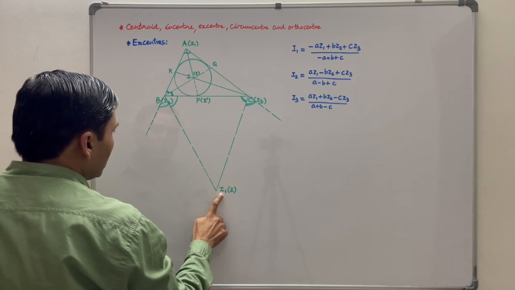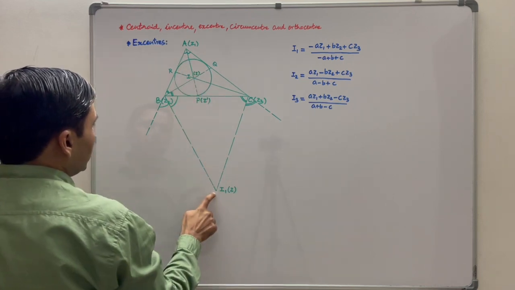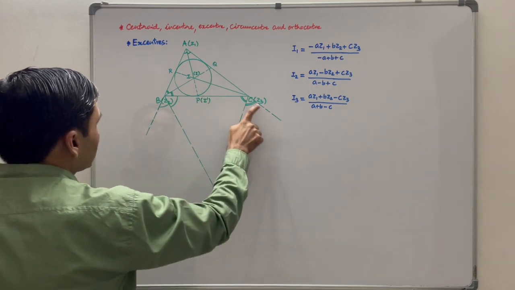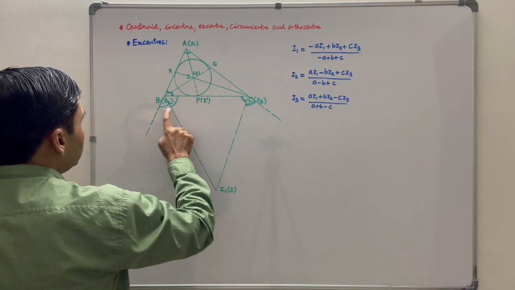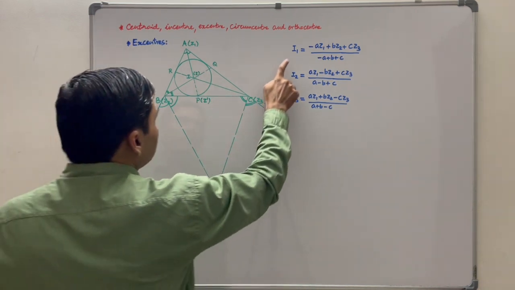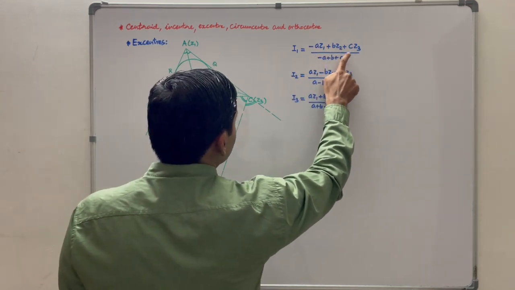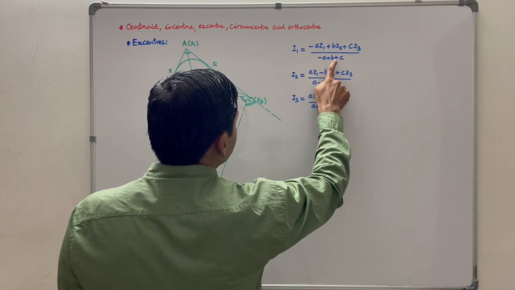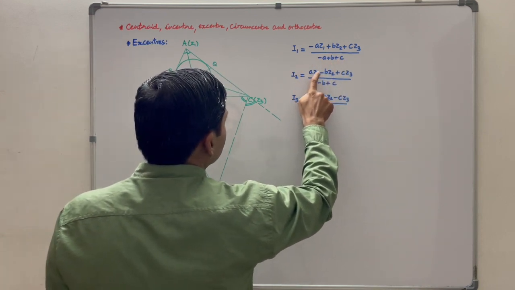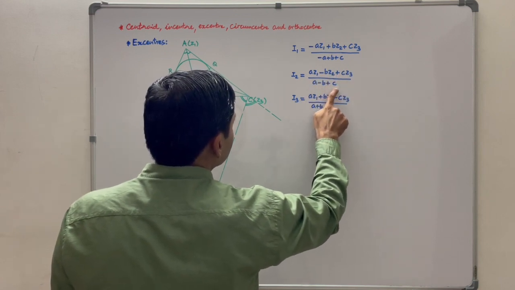So I1 is called the excenter opposite to angle A. We can make a big circle which will touch all these three sides, this side and these two extended sides. So I1 is given by (minus a z1 plus b z2 plus c z3) upon (minus a plus b plus c). Similarly, I2 is equal to (a z1 minus b z2 plus c z3) upon (a minus b plus c).